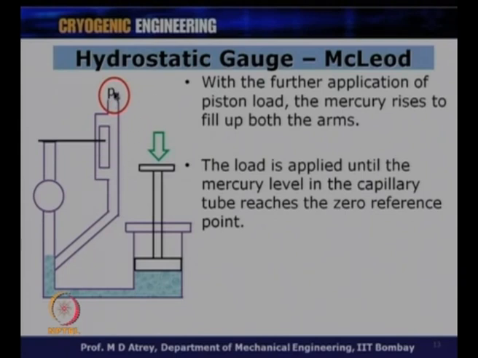Depending on the vacuum level over here, and whatever load I give, I will ensure that the piston is pressed to such an extent that the mercury will come here and stop at this particular point, my zero reference point. As soon as mercury comes up to the zero reference point, I will stop pushing this piston down. So, the load is applied until the mercury level in the capillary tube reaches the zero reference point. Let us see what happens now.